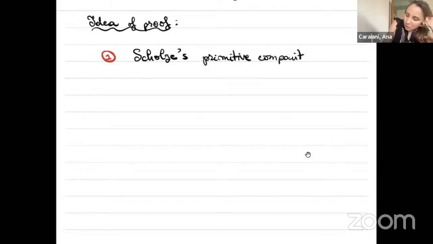four steps, let's say. So the first step is you want to apply Scholze's primitive comparison theorem to the middle term. So you view your modular curve as an adic space, and you apply the primitive comparison theorem in that setting.